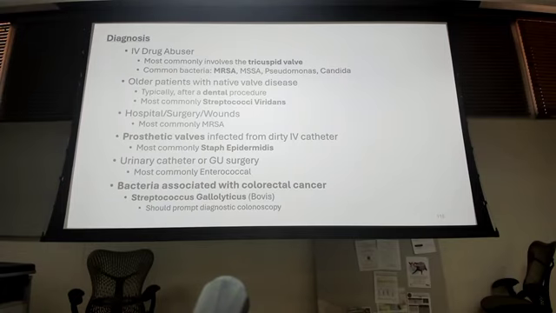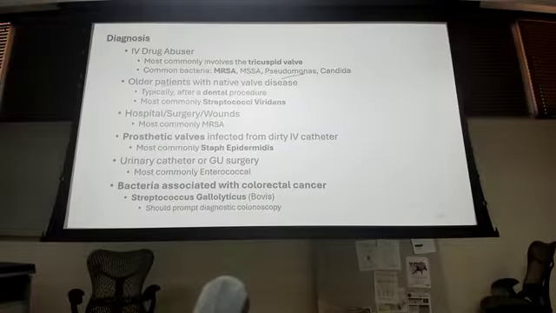Let me target, based on those risk factors, the most likely bacteria that they have. So IV drug users, okay, be thinking bad bugs. Things that cover MRSA would be important. Even things like Pseudomonas and Candida should be covered early on while you wait for those culture results to come.